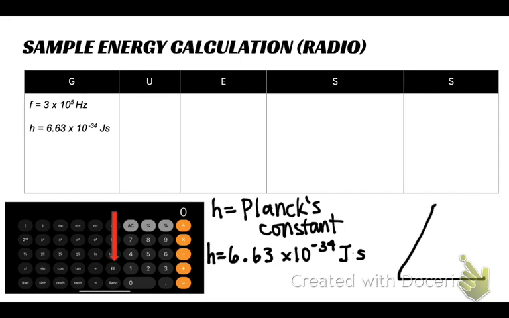But the relationship can be signified with another 3-variable equation, which states that the energy of a wave equals h, or Planck's constant, times the frequency of that wave in hertz. So for this example, we're solving for energy, and our equation is going to be h times frequency.